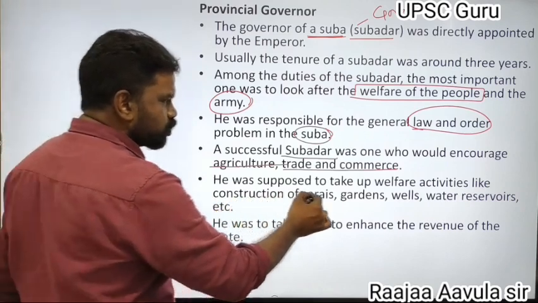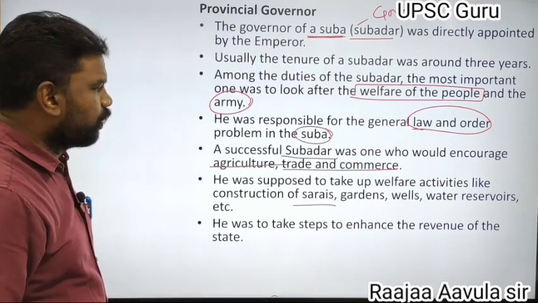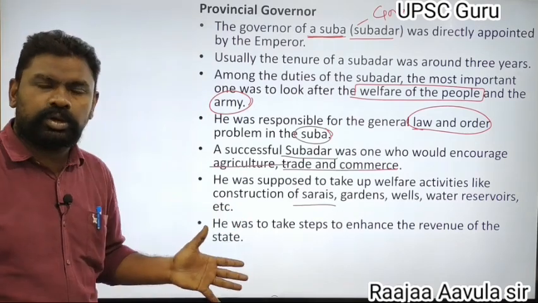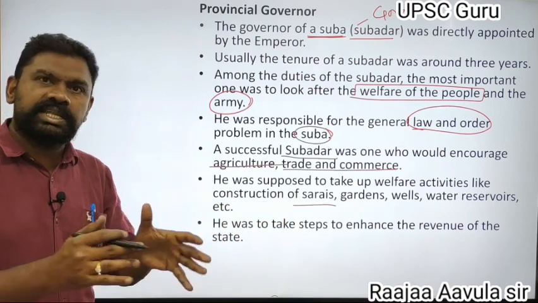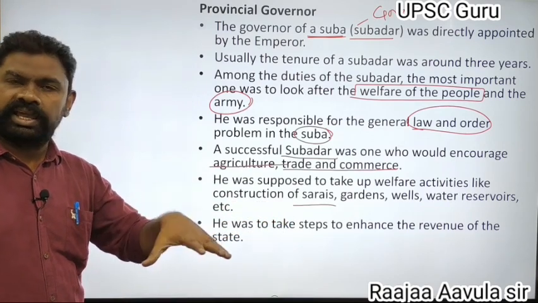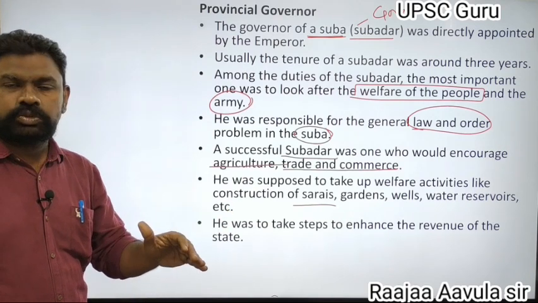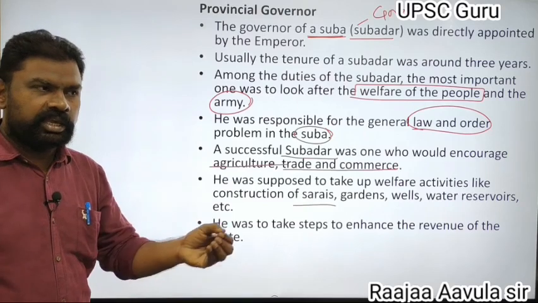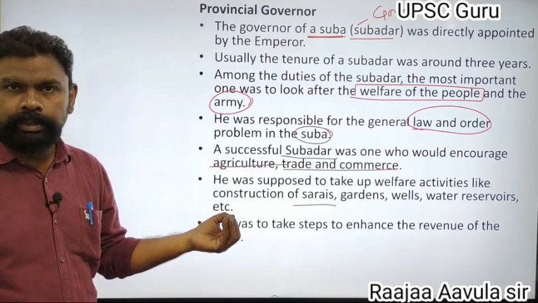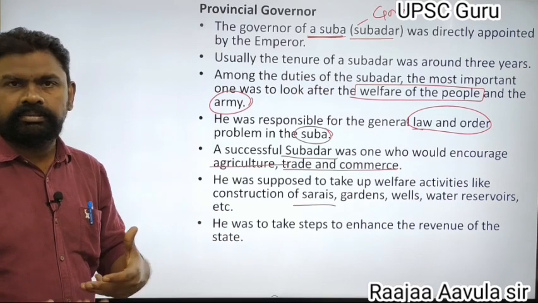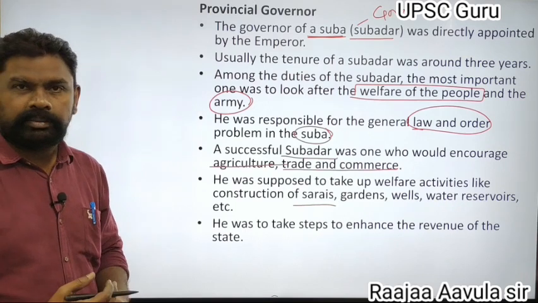He was supposed to take up welfare activities like construction of sarais. Sarais means rest houses beside the roads, what was called satram in that period. A sarai was a rest house for pedestrians. While the pedestrians would stop there, an old woman would prepare some food for them, what is called Putakulamma.